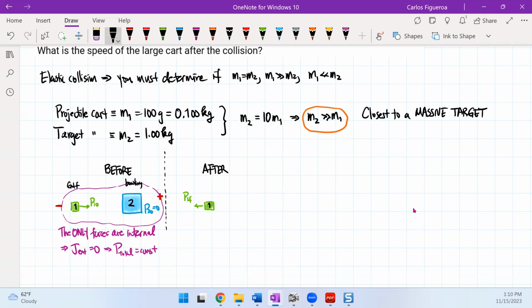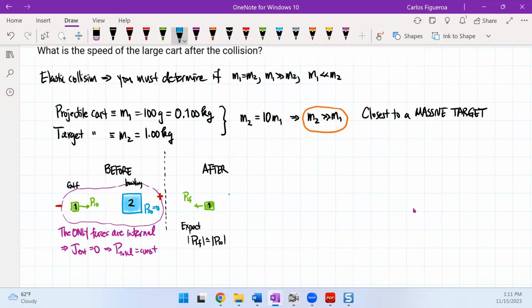And what this is really telling us here is that we expect that P1 final should be approximately equal to P1 initial, that the golf ball bounces off the bowling ball at roughly the same speed.